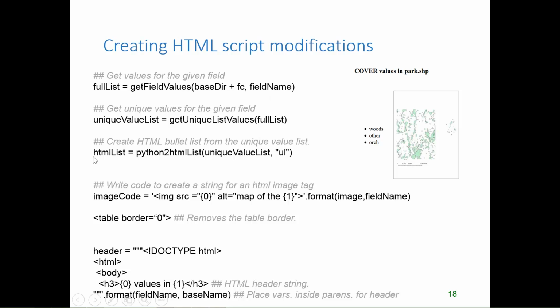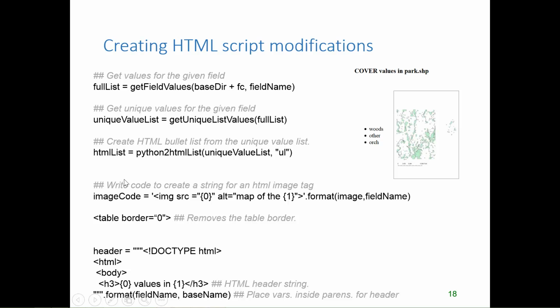So the list that is returned here is then passed into the third function call, the Python to HTML list. That's the method that we went over in detail earlier. So you get your HTML list, and that gets passed into the body of the HTML string.